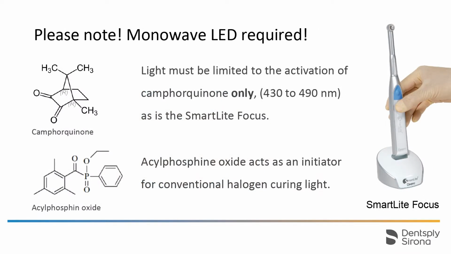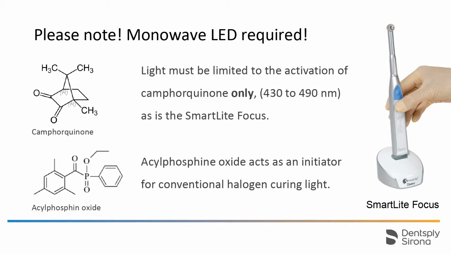Another aspect to note is the type of polymerization lamp. It is important to know in this connection that 2 different so-called initiators are used in Calibra cements for activating curing, namely camphorquinone and acyl phosphine oxide. These 2 substances react to 2 different wavelength ranges of light.